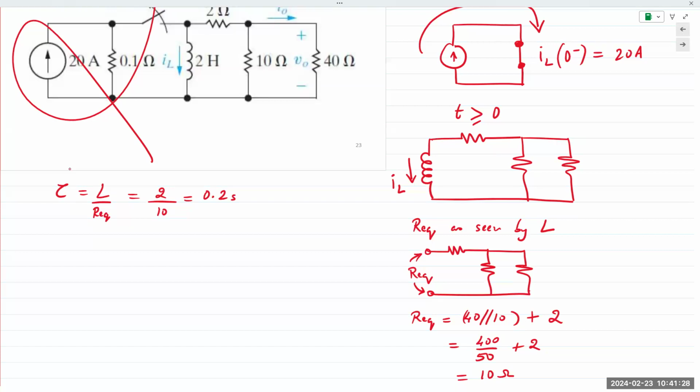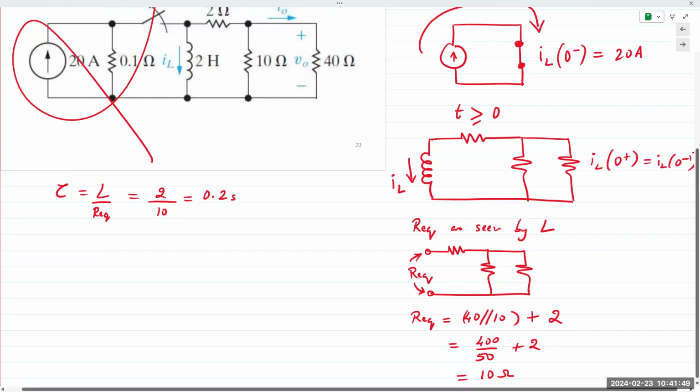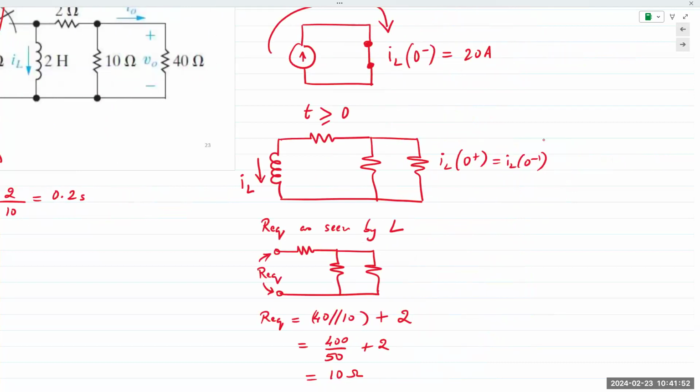Current through an inductor cannot change instantaneously. So IL 0 plus would be the same as IL 0 minus, which would be equal to 20 amps.